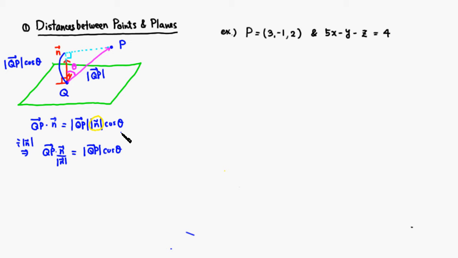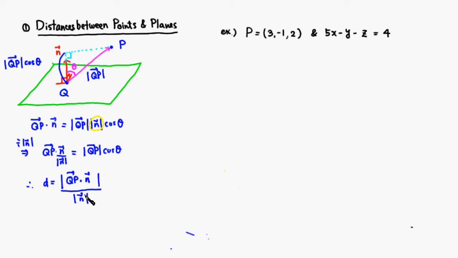Since cosine could give you a negative value, we want to avoid that. So the distance is going to be the absolute value of QP dot product with the normal vector, divided by the magnitude of n.